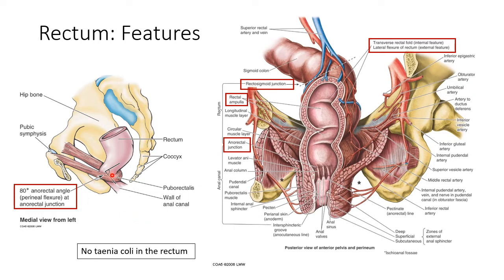One thing also to note about the anorectal junction, that it's not a vertical junction, but it's a little bit pulled anteriorly by this muscle, which is part of the levator ani. We call it puborectalis. So it pulls the junction anteriorly, so that's why there is an anorectal angle of about 80 degrees.